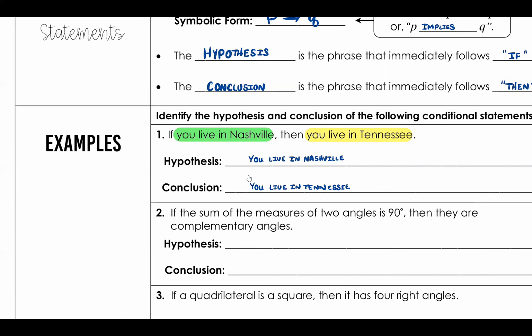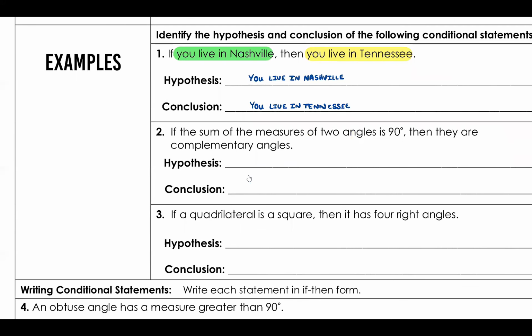Let's look at our next one. If the sum of the measures of two angles is 90 degrees, then they are complementary angles. What is our hypothesis? What do y'all have for hypothesis?